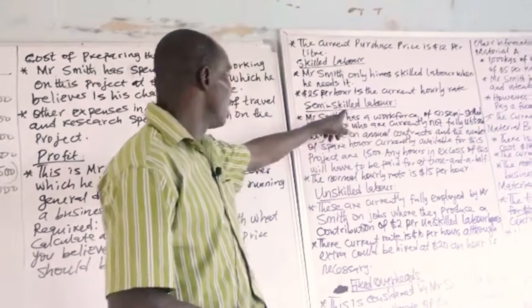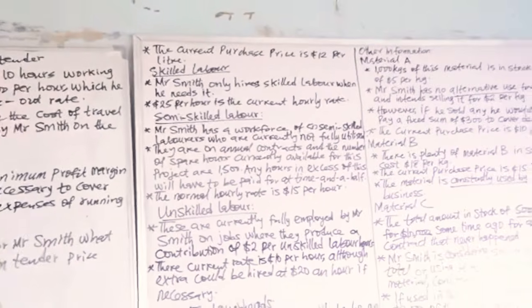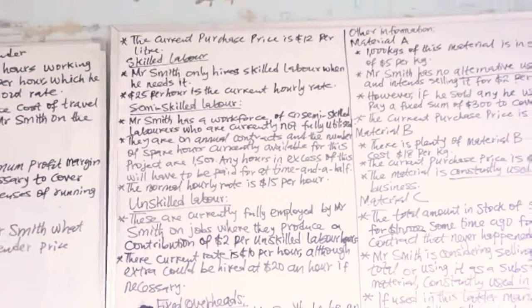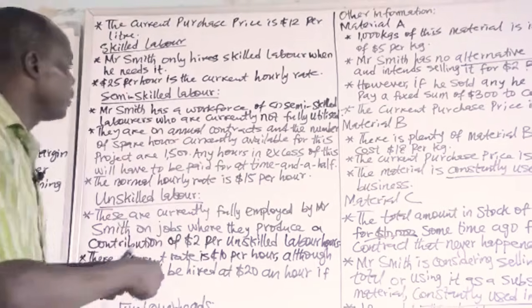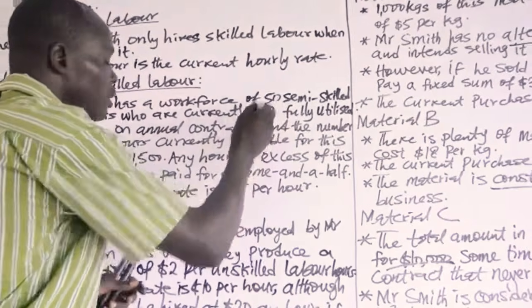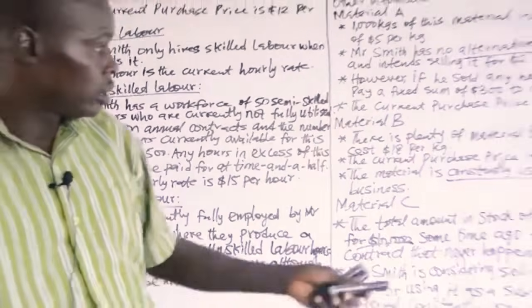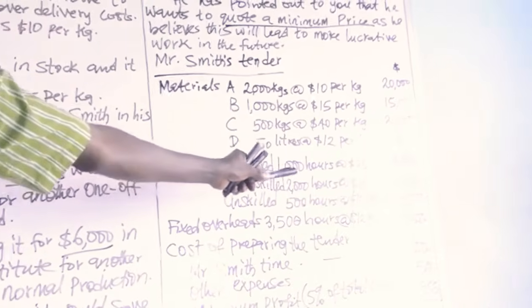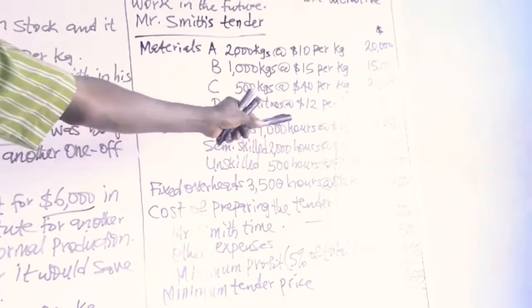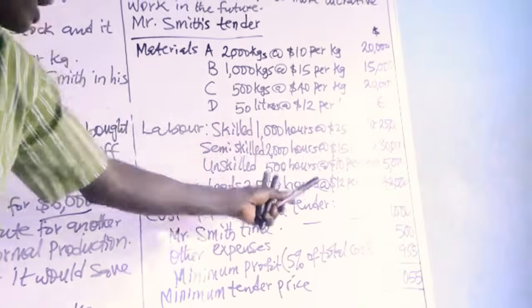Then, semi-skilled labor. Mr. Smith has a workforce of 50 semi-skilled laborers. If you look at the semi-skilled required here, it's 2,000 hours at $15 per hour.